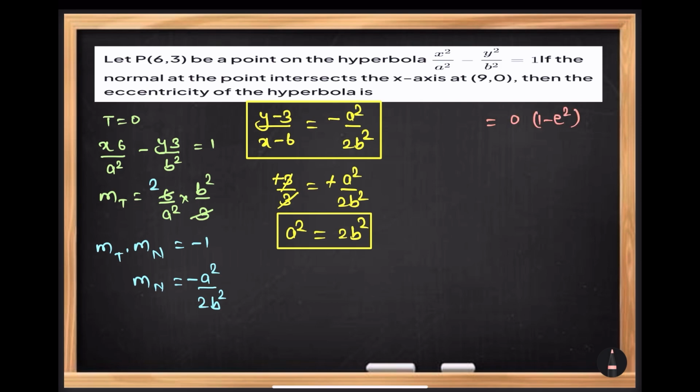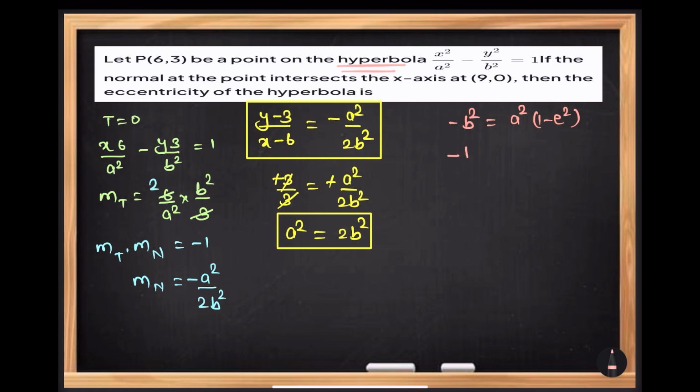In a horizontal ellipse a square is bigger, so a square will stay inside, b square will wait. So this is the relationship between a, b and e in case of a horizontal ellipse, but we are dealing with a horizontal hyperbola. So what is the change? The change is we have to replace b square with minus b square and things are done.